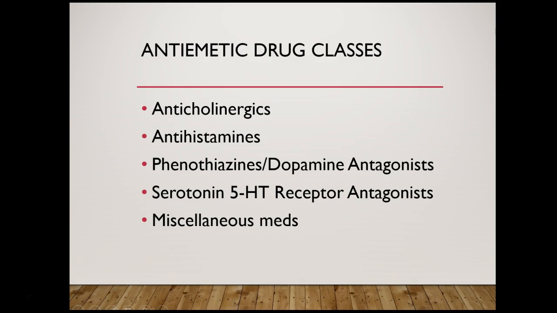So these are the 5 drug classes that we'll talk about in this presentation: the anticholinergics, the antihistamines, the phenothiazines, dopamine antagonists, the serotonin 5-HT receptor antagonists, and then lastly some miscellaneous medications that are used to treat nausea and vomiting as well.